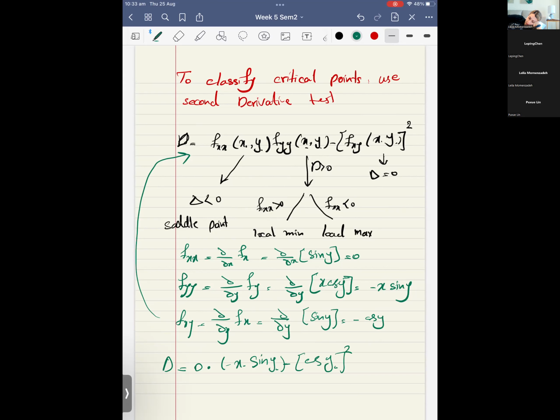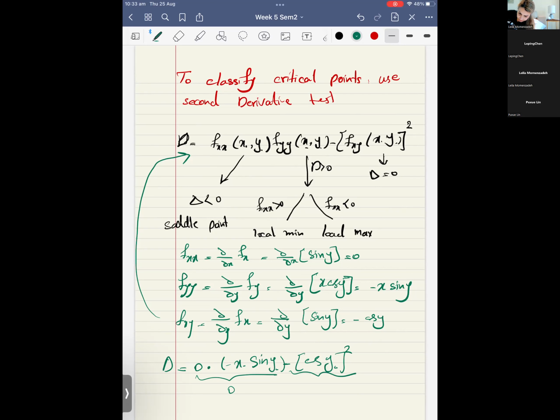Now this first term is 0, and from this one, delta is less than 0, it means that you don't have any inconclusive point.